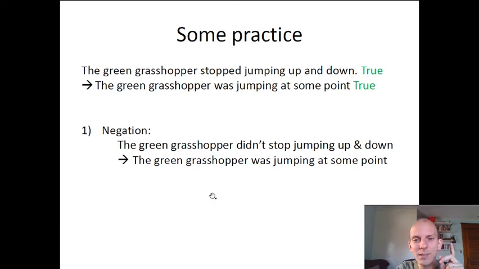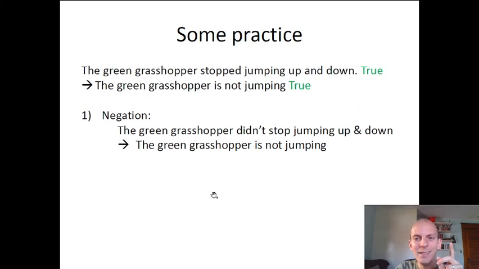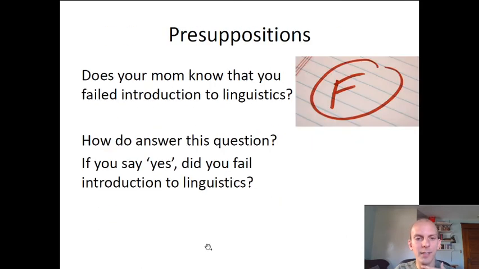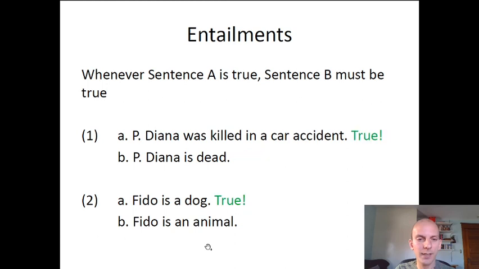Entailments, on the other hand, tell us things about the way that the world is, right? If we go all the way back here, there's just something about being a dog, for sentence A, Fido is a dog, that definitionally makes Fido an animal.